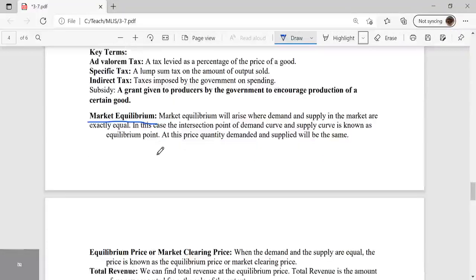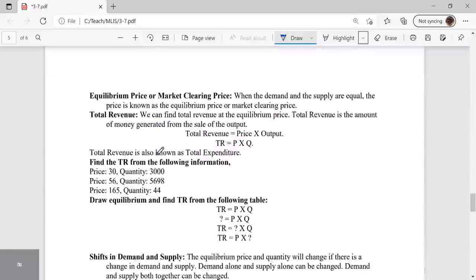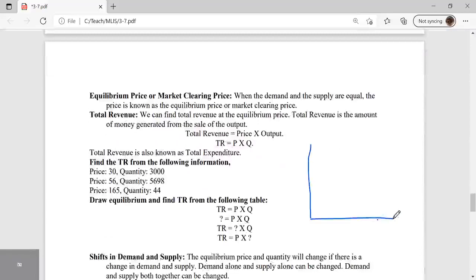See what's happening over here: market equilibrium is a situation where demand and supply are equal. Previously we talked about demand and supply separately, but now we will be talking about a situation where they're together.